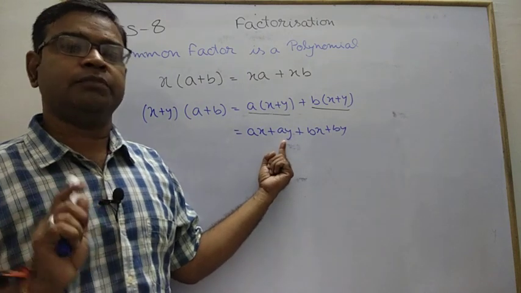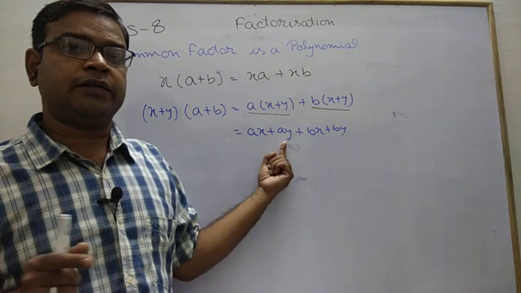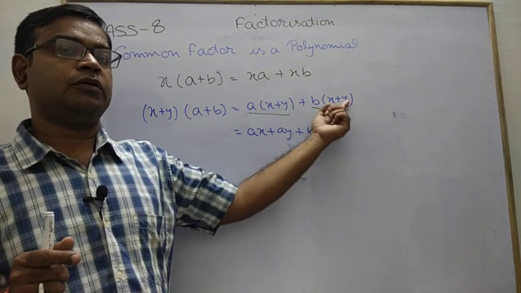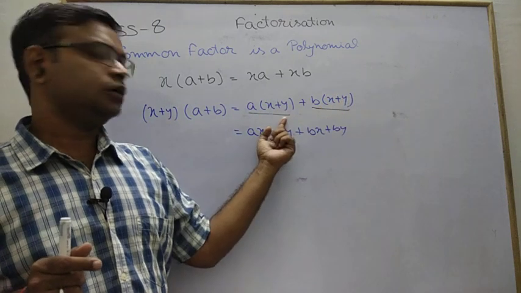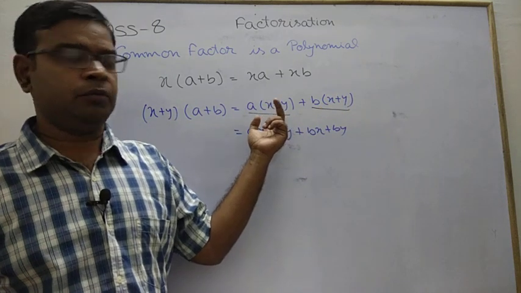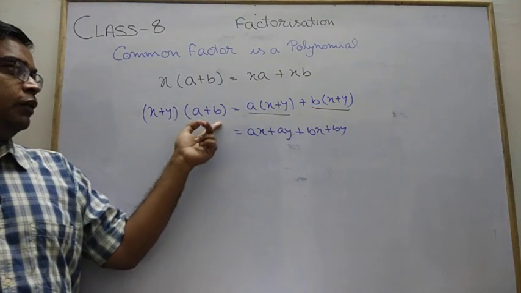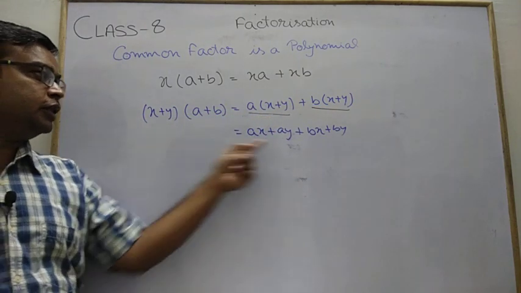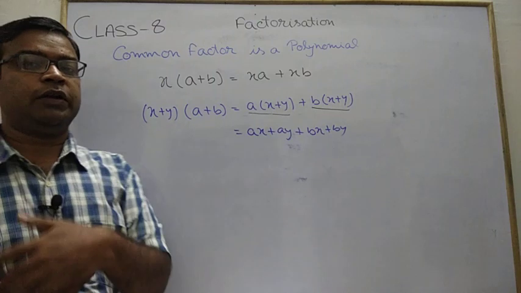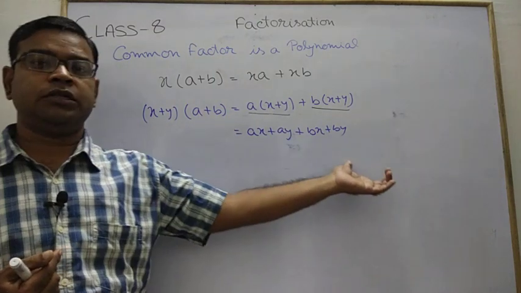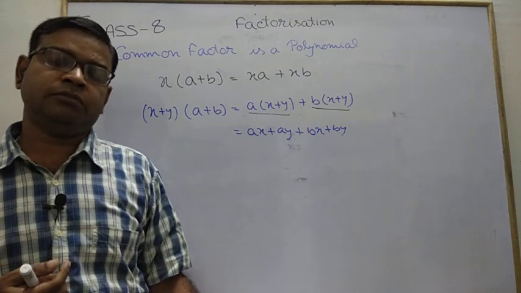If there is a monomial common factor, then we take the binomial common. Here we have binomials, we may consider this as a polynomial, so we take the polynomial common in this case, and now we are able to convert this expression into this factorization. So we are going to work on this concept and try to solve some questions.